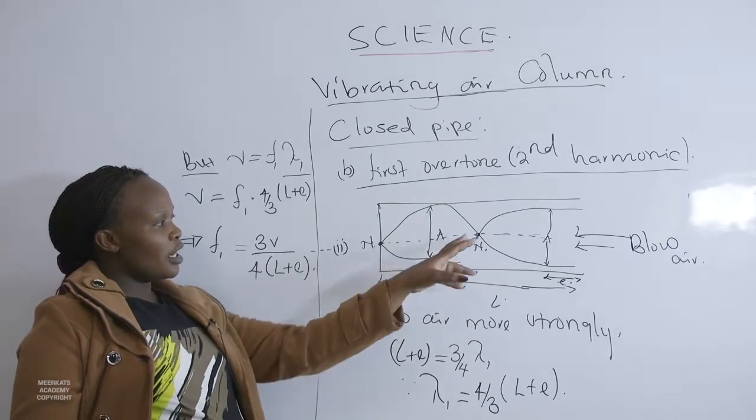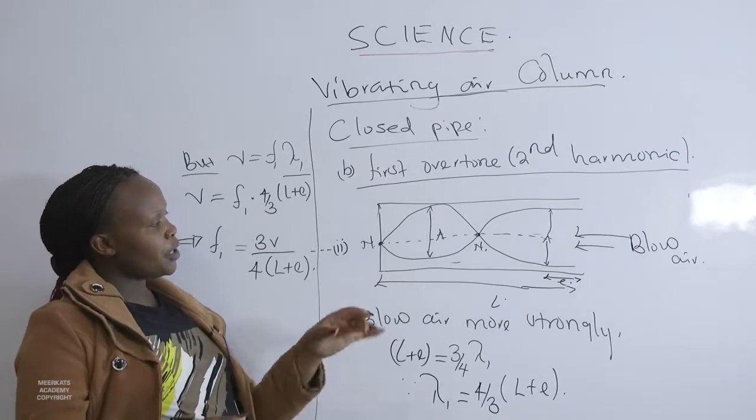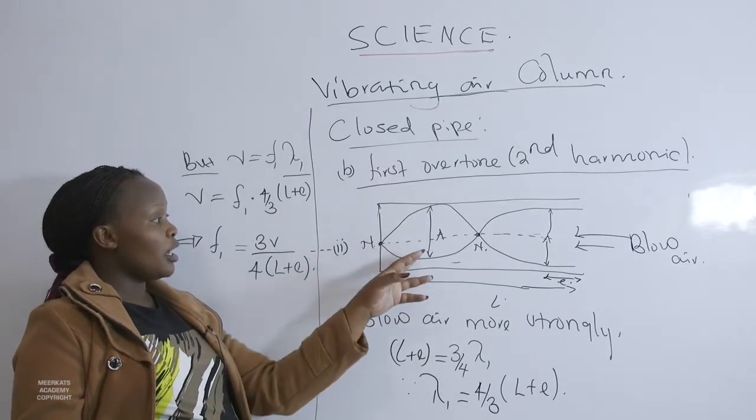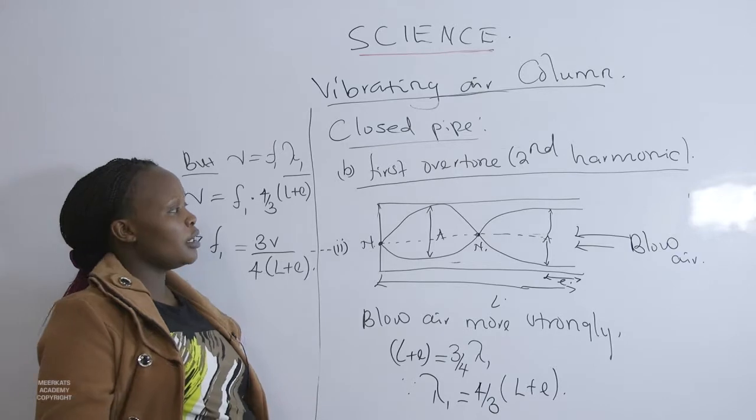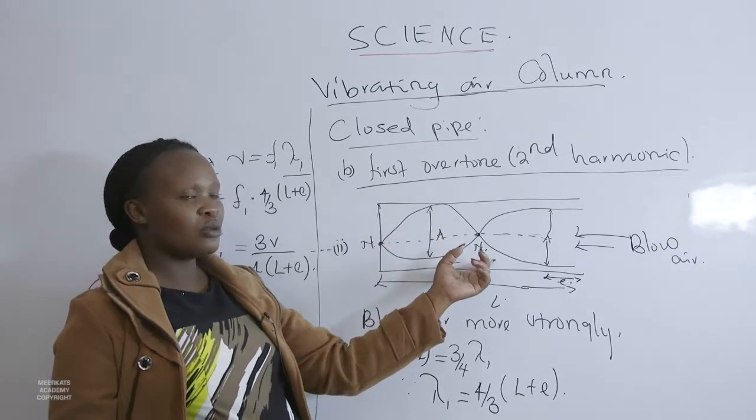The nodes are at points of zero displacement of air particles, while the antinode comes in. The first antinode will come in between the first two nodes.